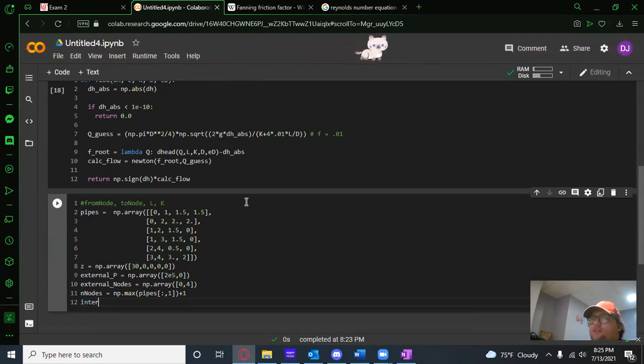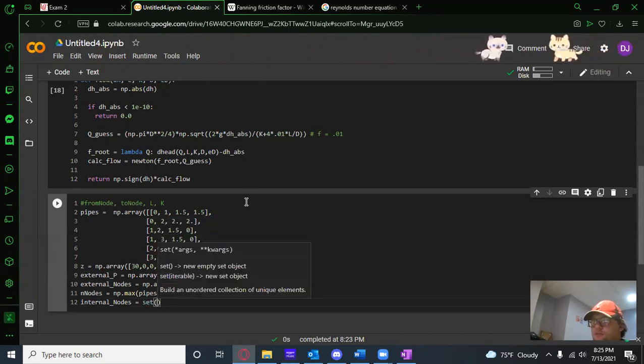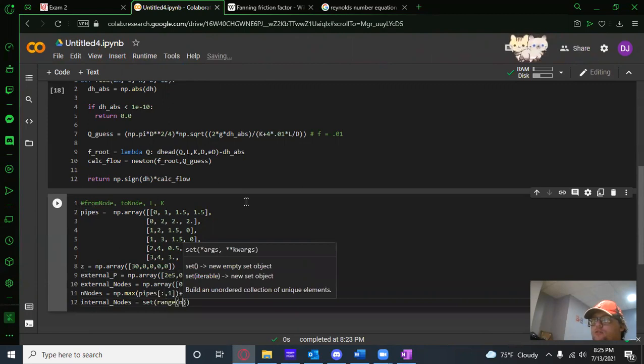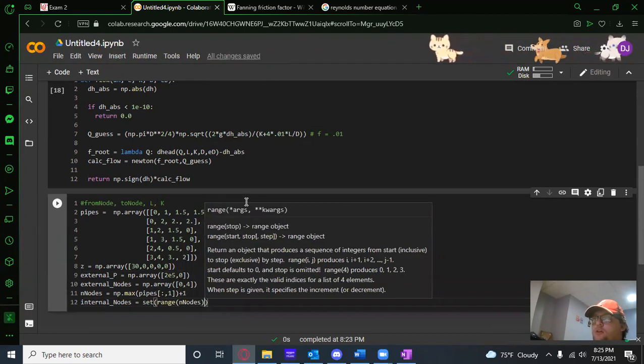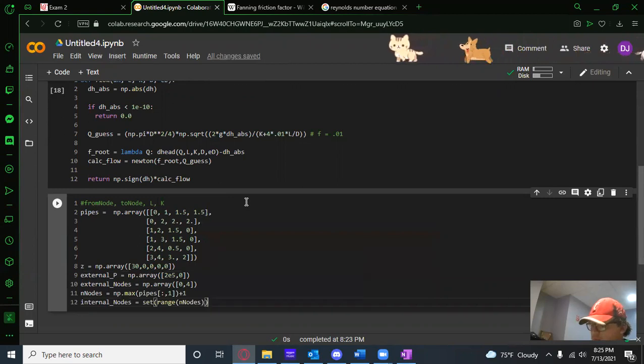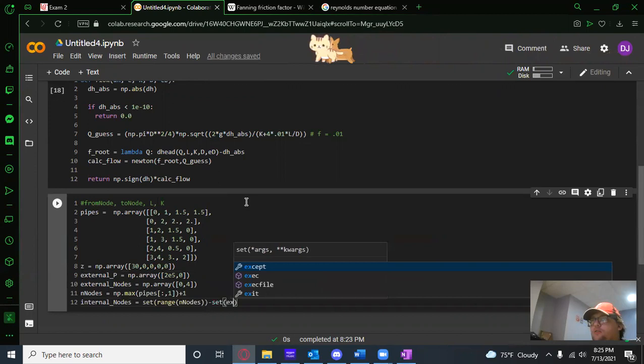So now to get our internal nodes, we're going to use the set function, and do the range of n nodes, subtracting the external nodes.